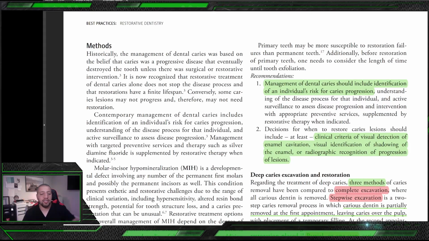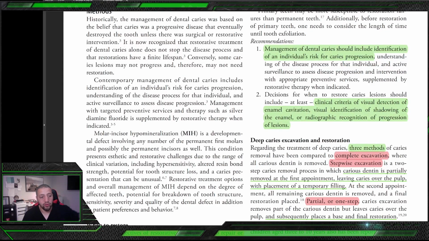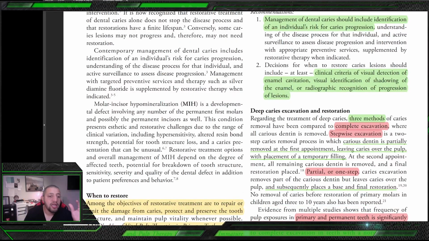It's not like looking at an X-ray or a cavity and saying, okay, I will restore this one, or I will use SDF for this one. No, it's multifactorial, and this will be explained more in the article about the new caries classification, ICCMS.